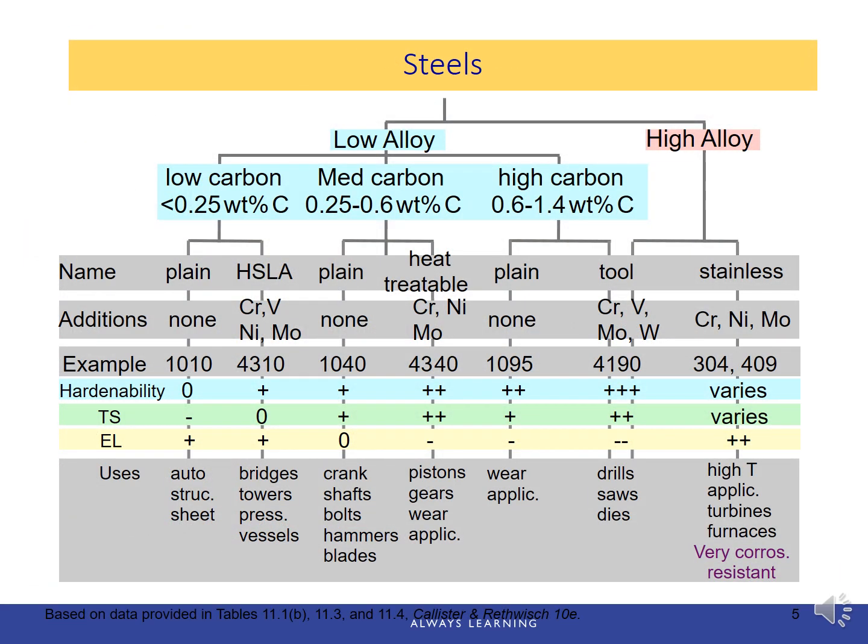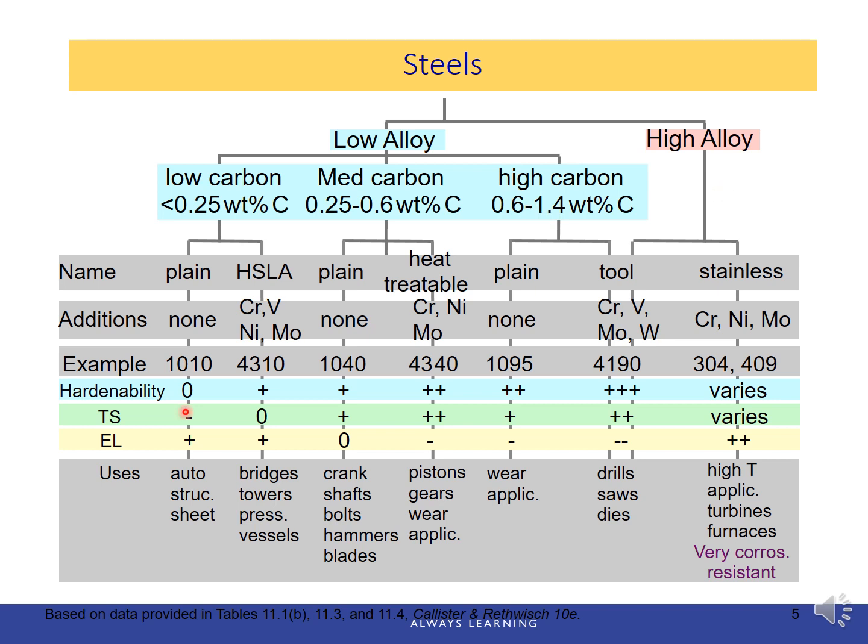For information, steels can be further classified into low alloy steel and high alloy steel. And for low alloy steels, we can further divide them into low carbon steel, medium carbon steel, and high carbon steel.